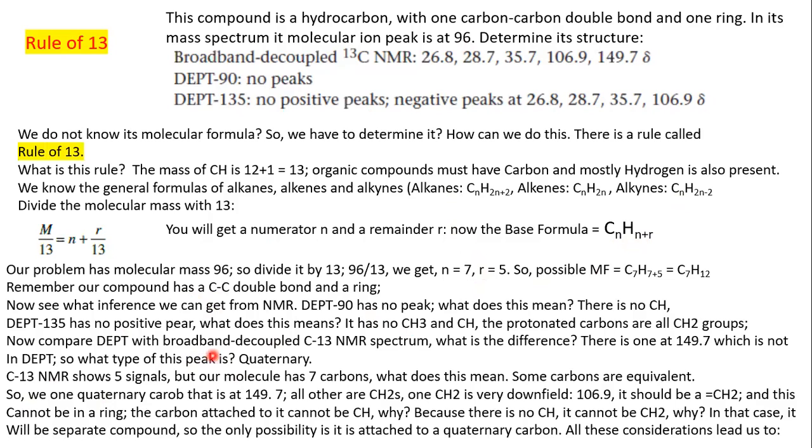Then carefully study DEPT 135, and you will be getting certain information. Compare DEPT with broadband decoupled C13, and you will be getting another information, that is the information about quaternary carbons. So C13 NMR shows 5 signals, but our molecule has 7 carbons.